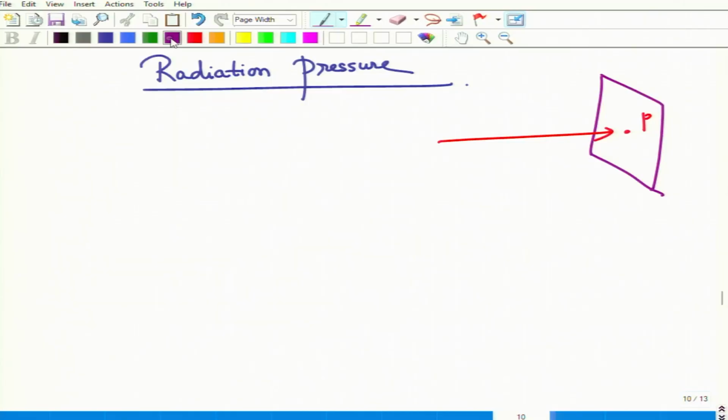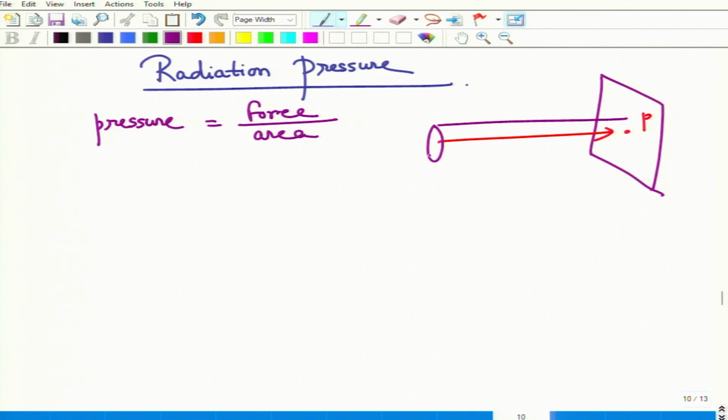We know the definition of pressure: it is force divided by area. So if we consider a cylinder of unit area, the force imposed at that point P per unit area will be the pressure. That can be evaluated, but I am not doing that.